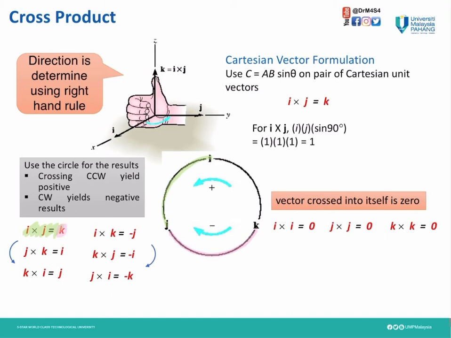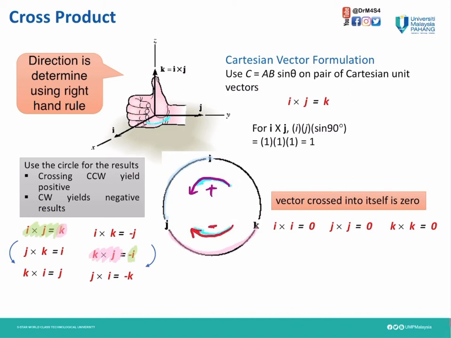Let's do for the others. For example, we take K times J. The result is I. That is clockwise. Therefore, it is negative I. So once again, anti-clockwise is positive and clockwise is negative.